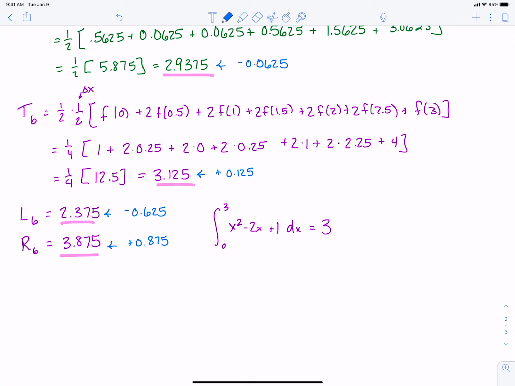It's only under by 0.0625. So of our 3 or 4 different options, that was actually pretty close with only 3 intervals. And this is kind of something interesting about Riemann sums, that midpoint actually generally is your best approximation with the least amount of rectangles.